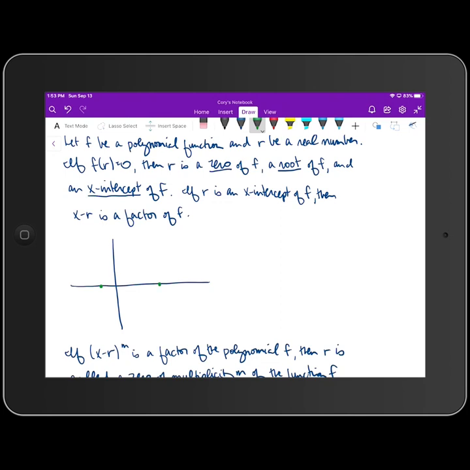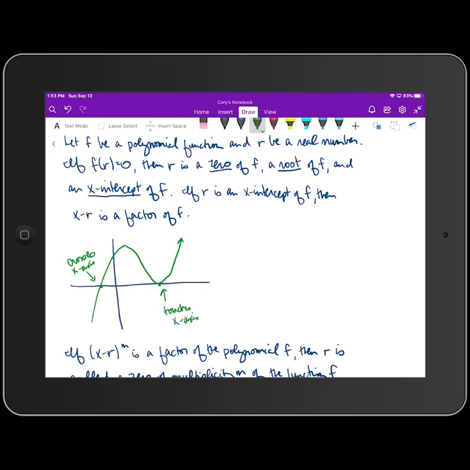So the two things that can happen to the graph of a polynomial function at an x-intercept is the graph can cross the x-axis. Okay, so here our graph crosses the x-axis. Or the second possibility is that the graph can touch the x-axis at an x-intercept. Okay, and here's an example of where the graph touches the x-axis.